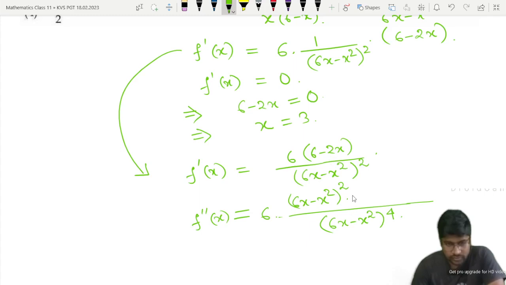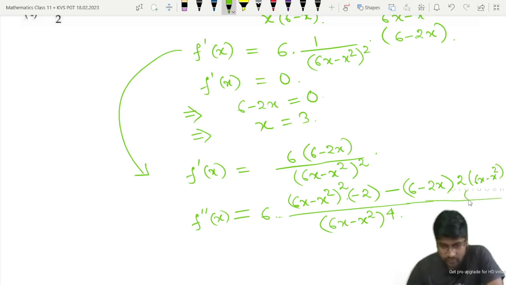So what will be the derivative of the numerator? That will be minus 2. Then minus, I will write the numerator as it is and find the derivative of the denominator. This will be 2 into 6x minus x square into one more term, that is 6 minus 2x. That is f double dash x.